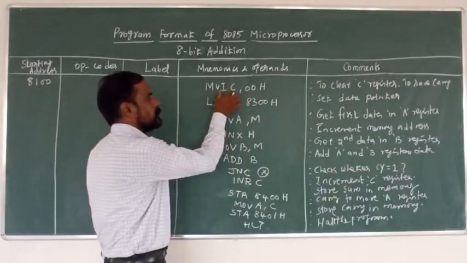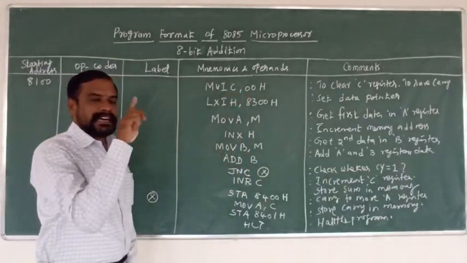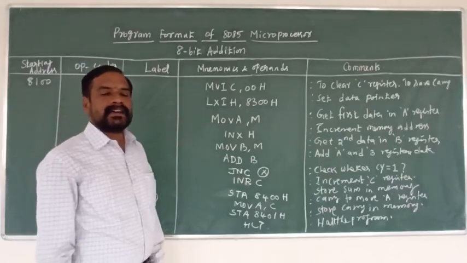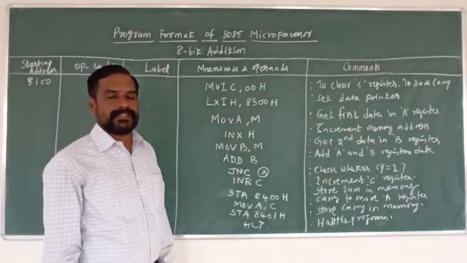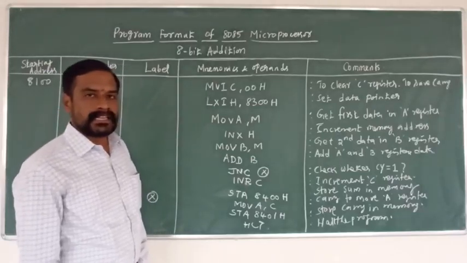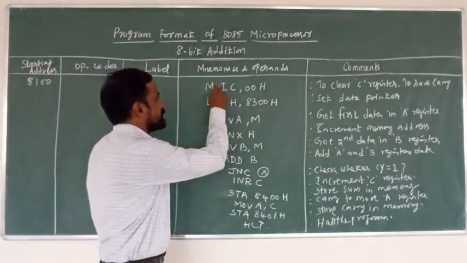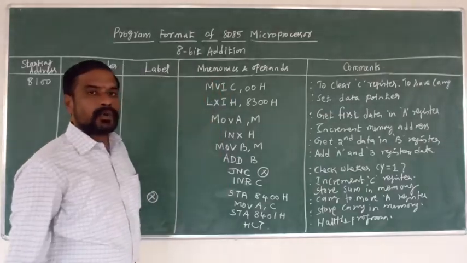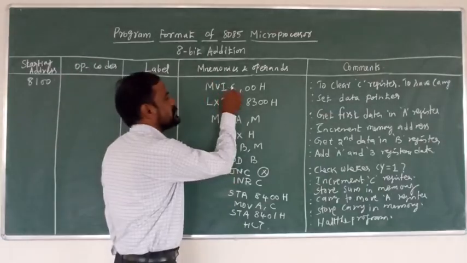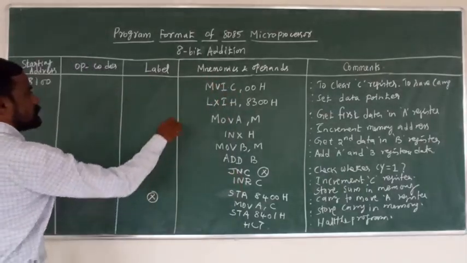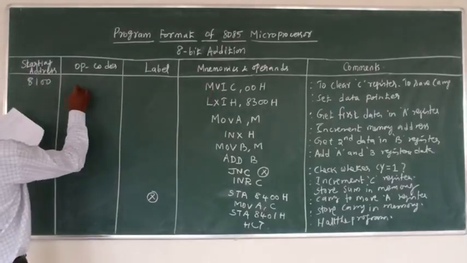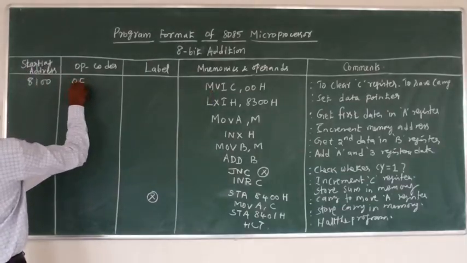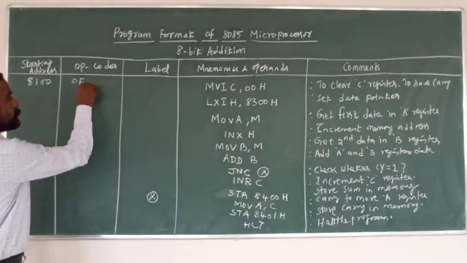Now there will be a standard opcode sheet. In that sheet you just refer to the corresponding operation code for MVI C. Now the code for MVI C is 0E.